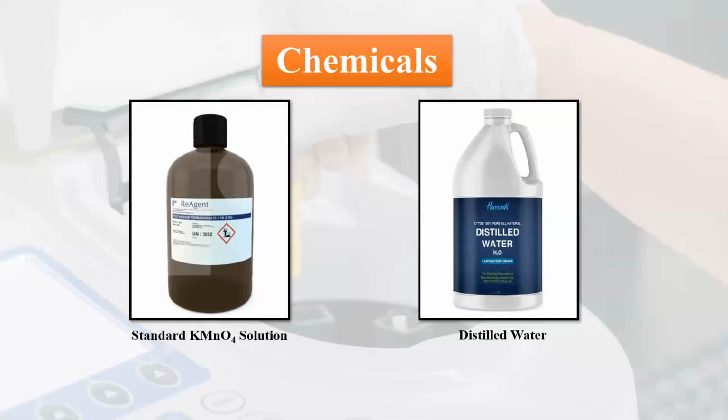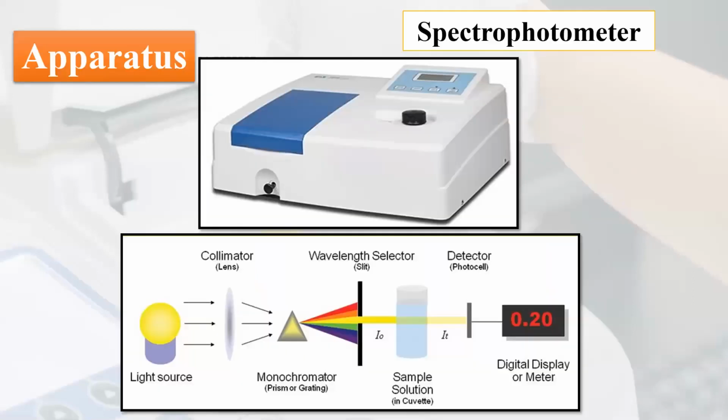This is the apparatus, the spectrophotometer. Here there is a digital screen. We use a cuvette, a small test tube.